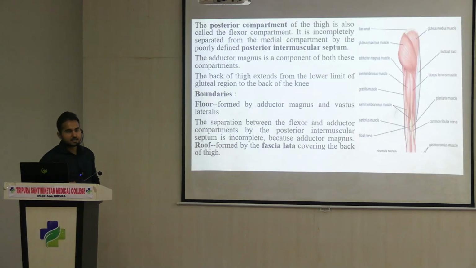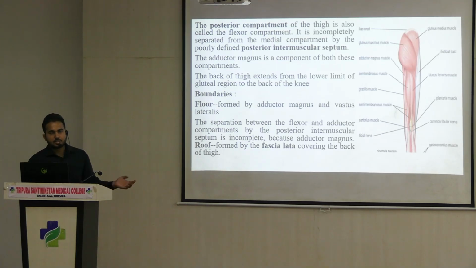Next, the extent of the posterior compartment: it extends from the lower part of the gluteal region to the back of the knee. That is the extent of the posterior compartment of the thigh.